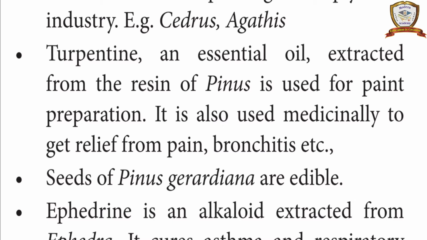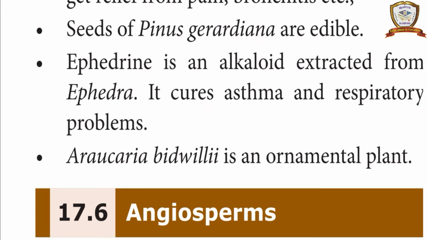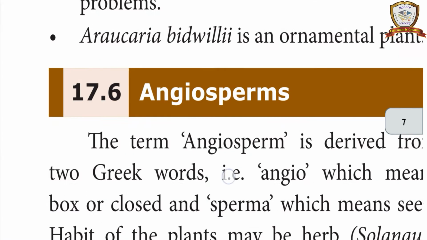It is also used medicinally to get relief from pain, bronchitis, etc. Seeds of Pinus gerardiana are edible. Ephedrine is an alkaloid extracted from Ephedra. It cures asthma and respiratory problems. Araucaria bidwillii is an ornamental plant.